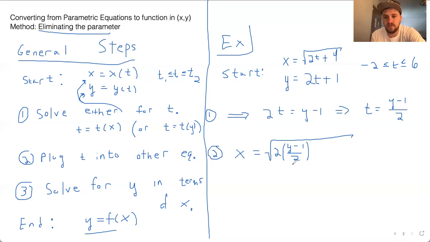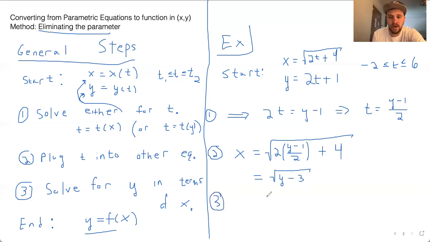So we have the square root of 2 times y minus 1 over 2 plus 4. Here we can simplify this a little bit, right? The 2's cancel in that fraction, and so we get square root of y minus 1 plus 4, which is y plus 3, right? And so that was our second step.